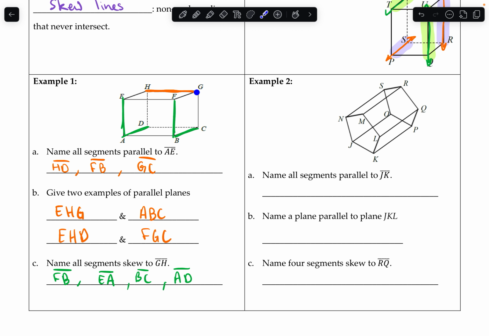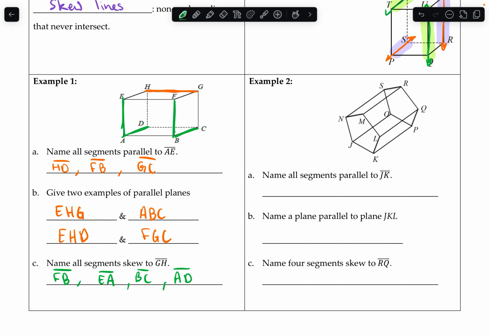If I were to slice this diagonally, I could create a plane that's sort of like a rectangle going diagonally through this box. So AB and HG, they're both going left and right. They're both going in the same direction, and we could create a plane in between there. So they are actually parallel. So I think those 4 lines that we indicated, FB, EA, BC, and AD, are the only ones that are skew to HG.